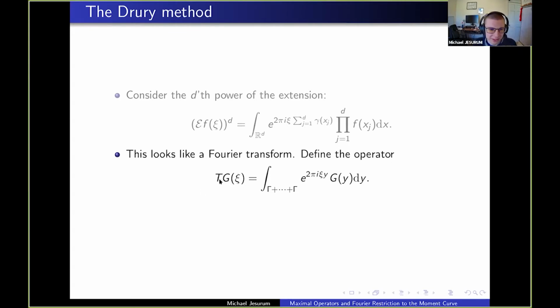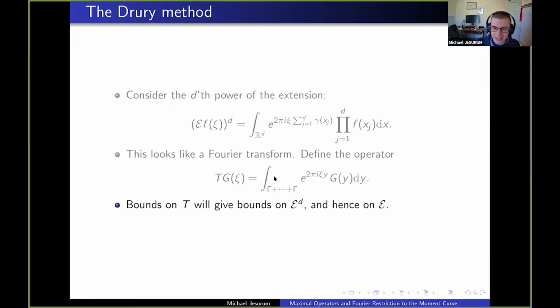Let's define an auxiliary operator, T, mapping on functions I'll call capital G. You can think of capital G as like this product of f's. And the way I'm writing it here really looks like a Fourier transform. So we'll use some things we have there to get bounds on T, which gives us bounds on the extension operator raised to the power d, and eventually the extension operator itself.